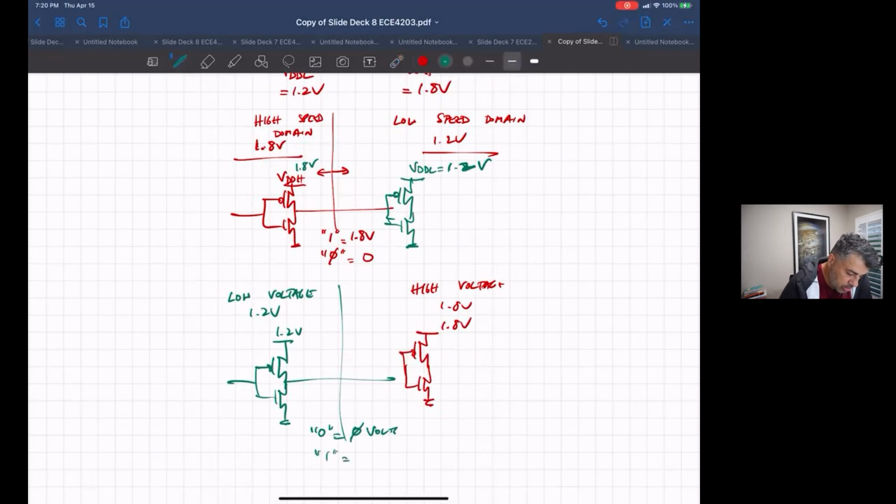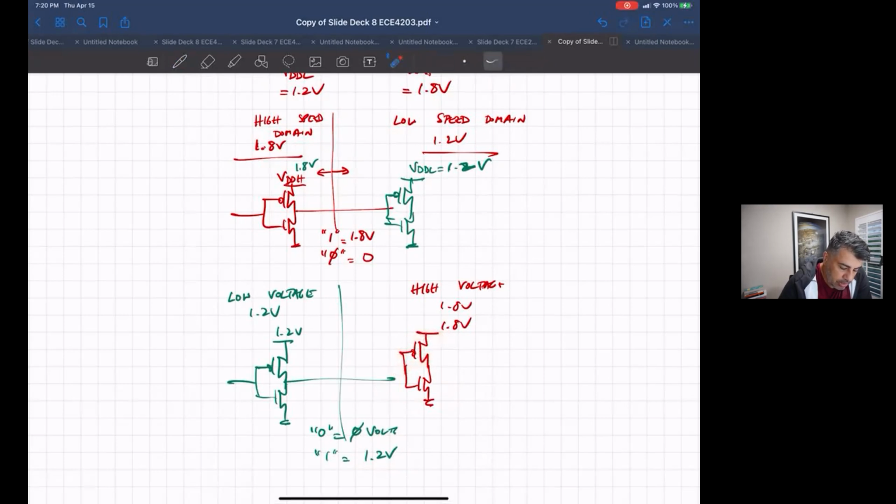The problem is with your 1. In this case, your 1 is 1.2 volts, which is enough to turn this guy on. But notice this guy: its VGS isn't 0. It has a VGS of 0.6 volts.